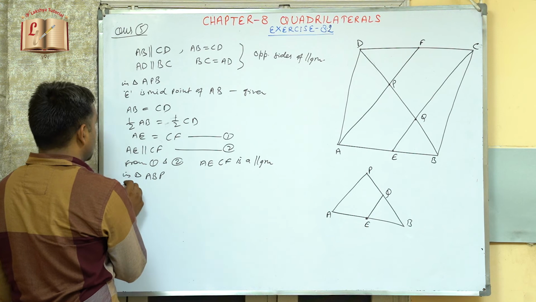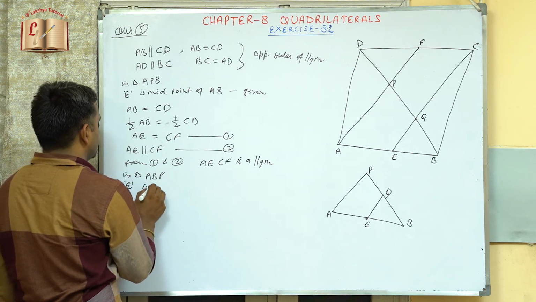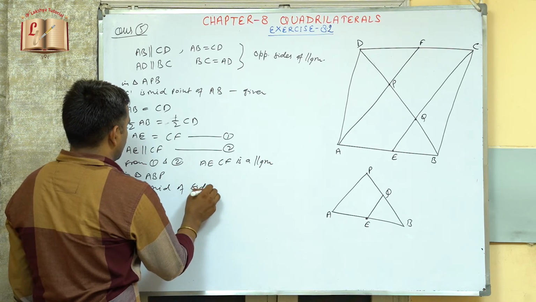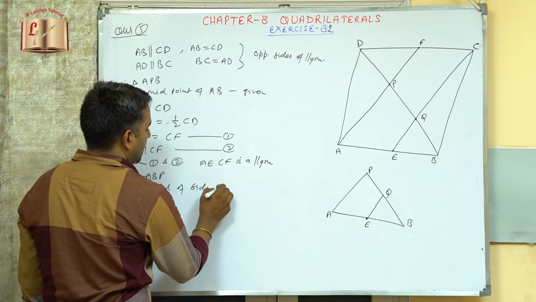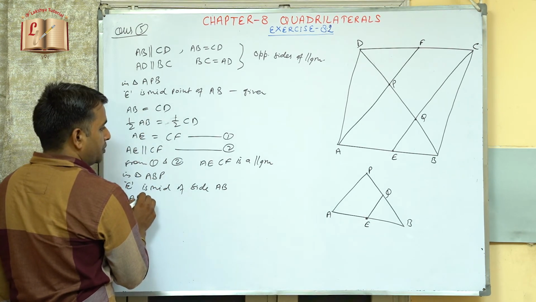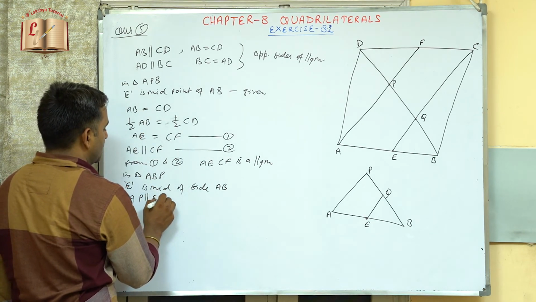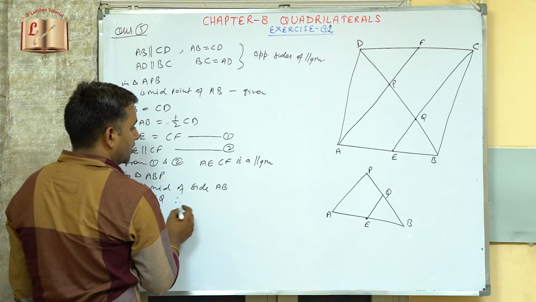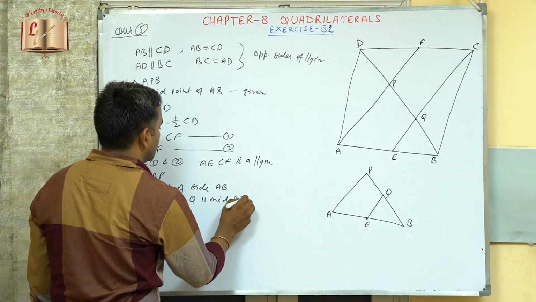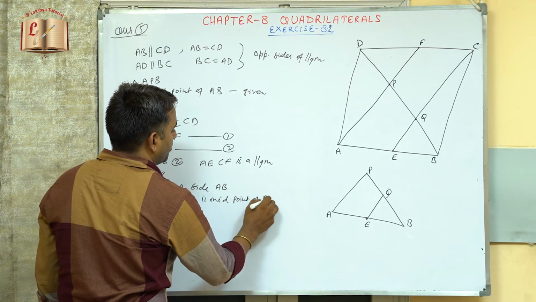it is given that E is the midpoint of side AB, and this AP is parallel to EQ. Therefore Q is the midpoint of BP.